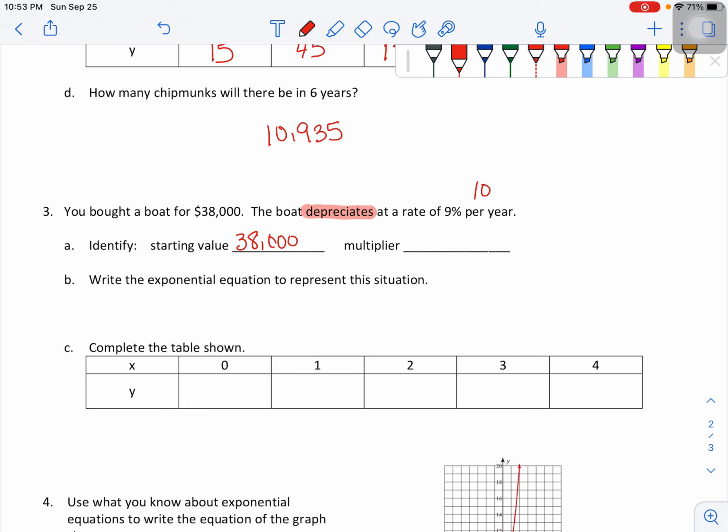So it was at 100%, but it's going down 9%, which is 91%. So we're going to use that as 0.91. Okay. Write the equation. Instead of y equals ab to the x, we have 38,000 times 0.91 to the x.